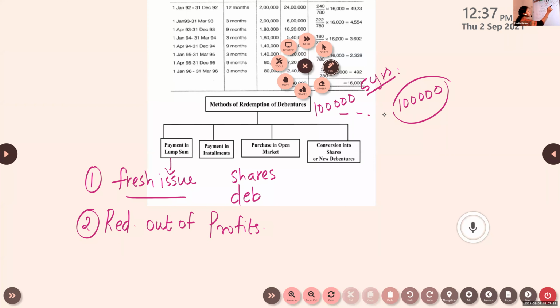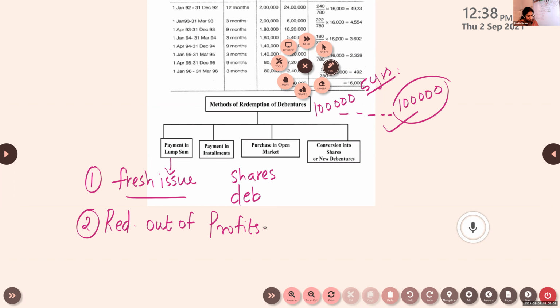So after 5 years, what do they do? They issue a new set of shares or debentures to another public, collect fund, then make the payment of this 1 lakh. That is fresh issue. That is clear.